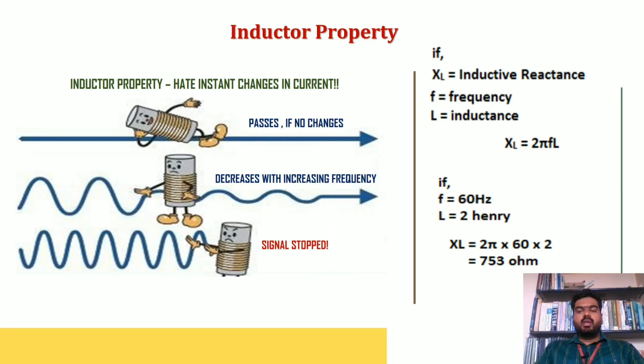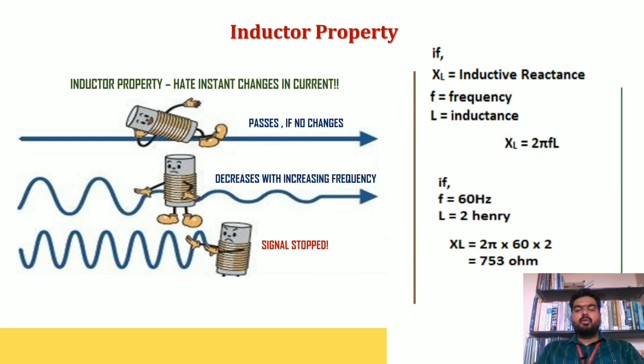If you have alternation, there is a positive and negative cycle, which automatically creates a frequency. For example, if I have a 60 hertz frequency and L is 2 Henry, substituting these values in the XL formula, XL gives you 753 ohm.